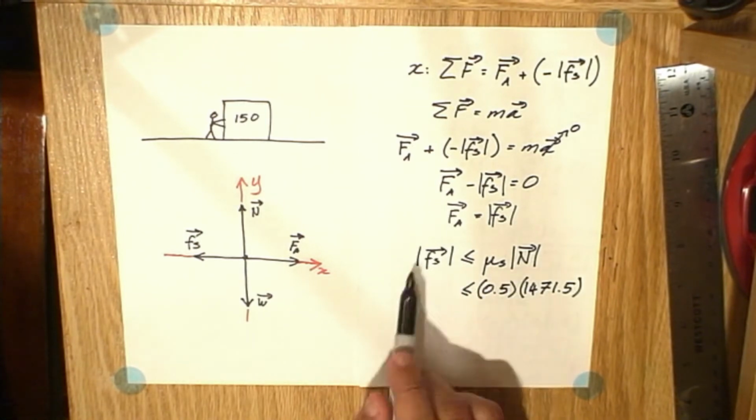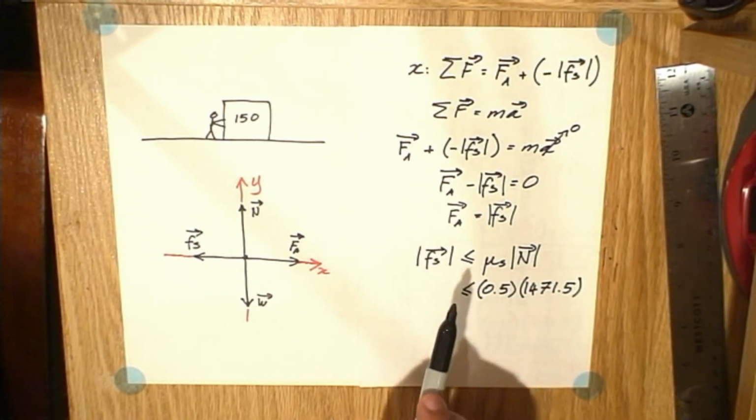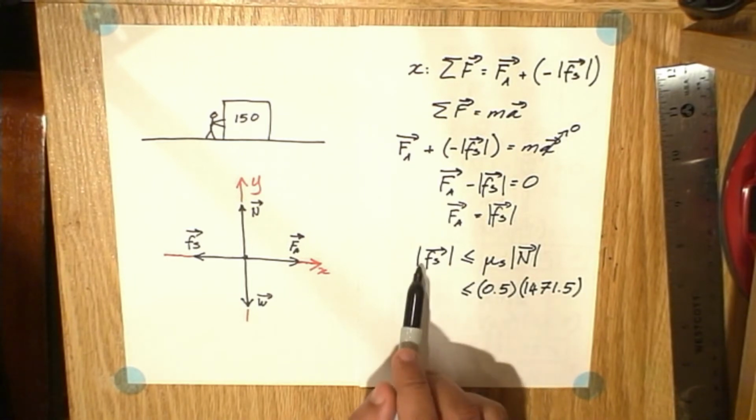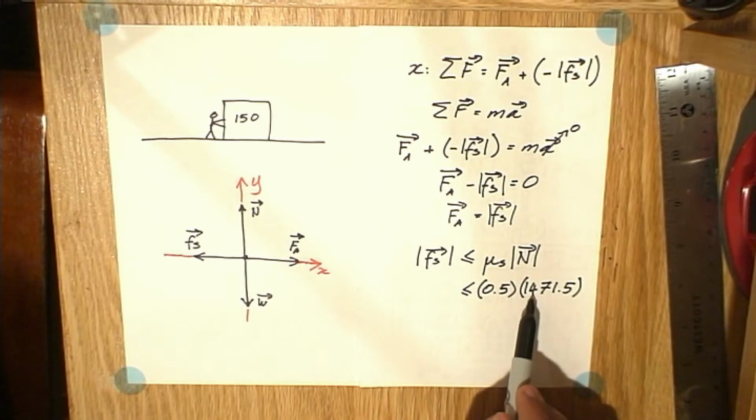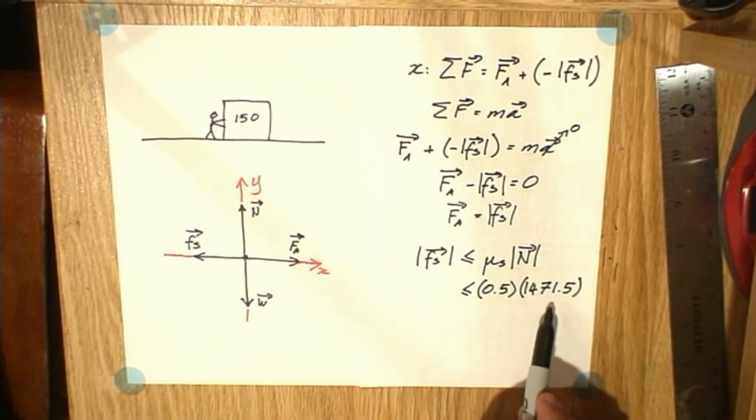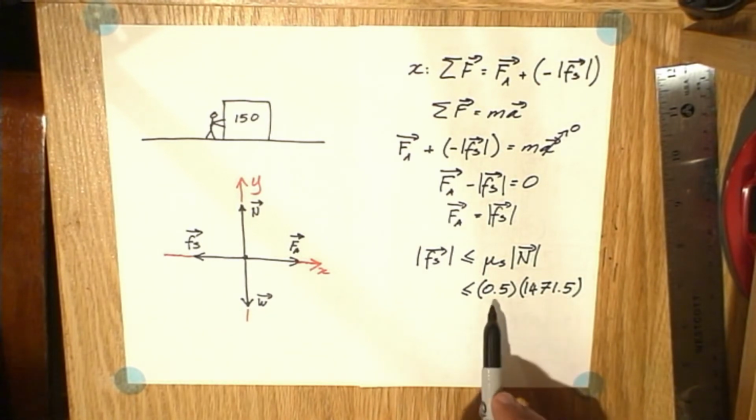So what this equation is now saying is that the maximum value of the friction force is going to be 0.5 times 1471.5. The friction force can take any value that is less than that, but it cannot take a value that's greater than this.